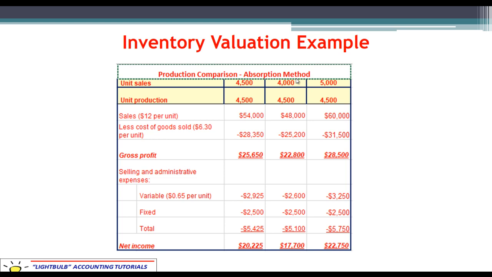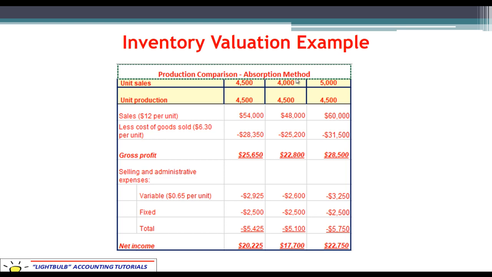But what we really want to focus in on in comparing these two methods is that, was it $1.50 per unit, I believe, that was fixed overhead? Under the absorption method, that's not going to be considered an expense right now. But under the variable direct costing method, it would have been expensed right now, even though we didn't sell all of the units.